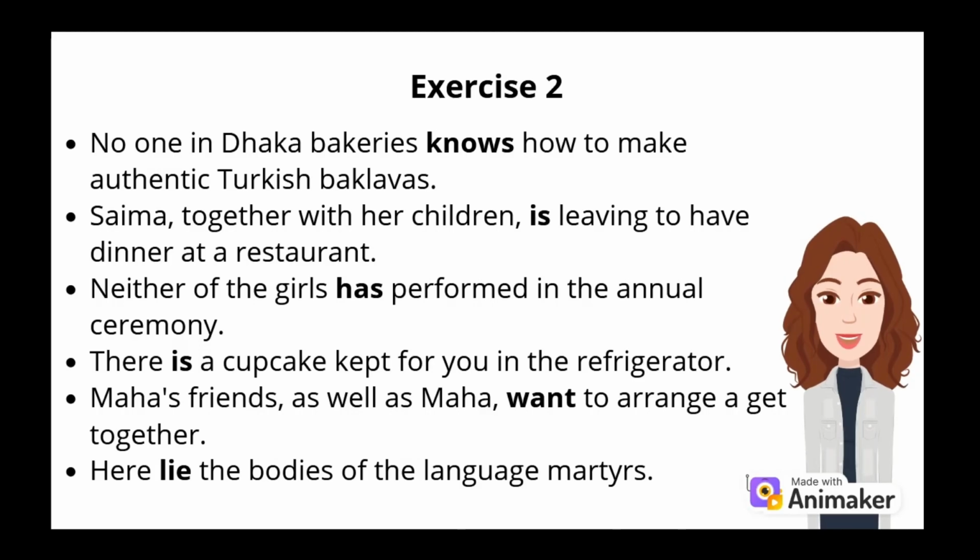The last question is here lie or lies the bodies of the language martyrs. Here again the true subject is the bodies, which is following the verb. As the subject is plural, the verb will be plural too. So the verb will be lie.